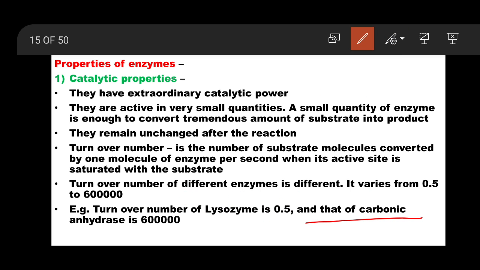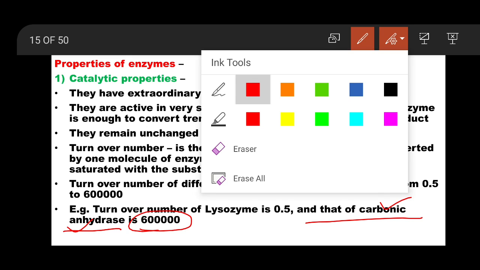And that of carbonic anhydrase, which is found in our blood and in plants also. So the turnover of this carbonic anhydrase enzyme is 6 lakh. 6 lakh molecules of substrate are converted into product per second.